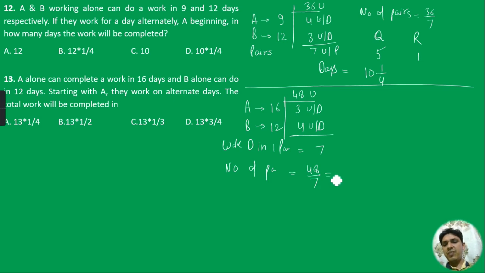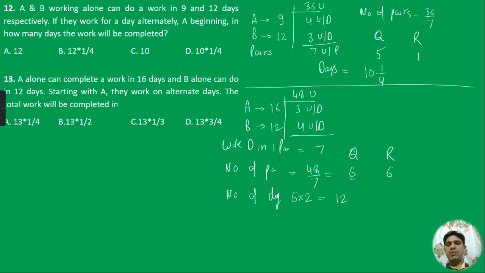Now when we divide 48 by 7, we will get two things. First the quotient, and second the remainder. 7 6s are 42 and the remainder will be 6. Now the number of pairs is 6. Converting it into the number of days, 6 multiplied by 2 is 12.